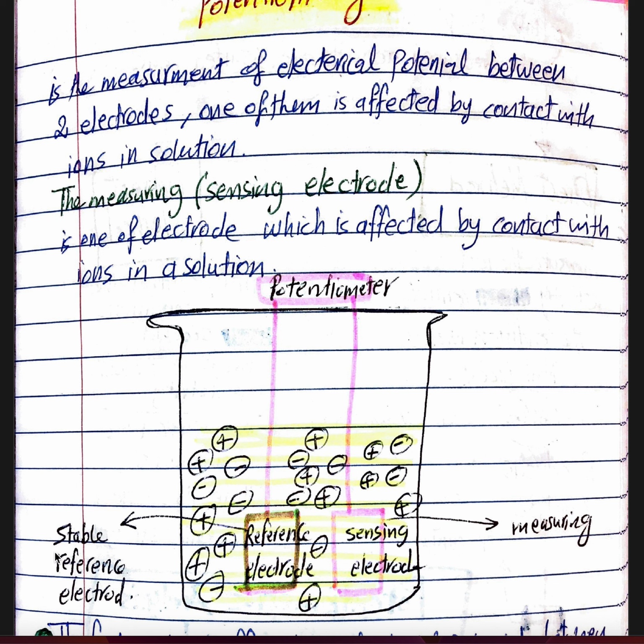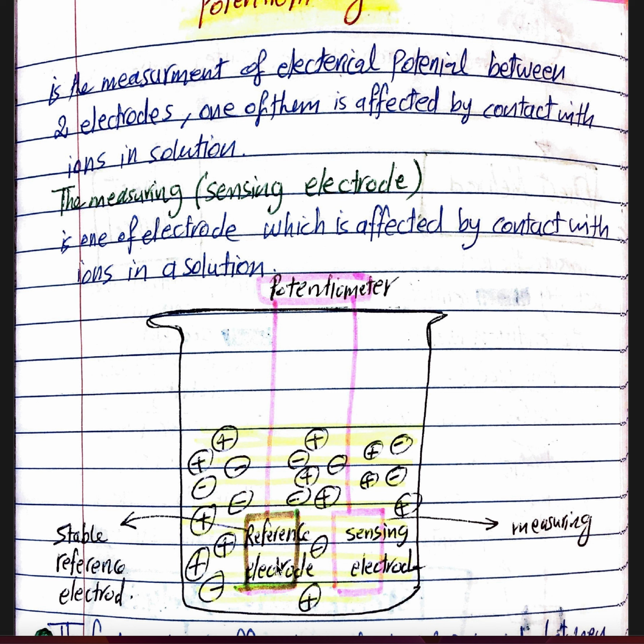The reference electrode is a stable electrode, and the other one is what we call the sensing electrode. So here we have a potentiometer composed of two electrodes, the reference electrode and the sensing electrode.